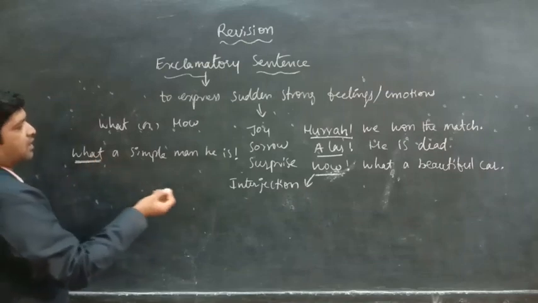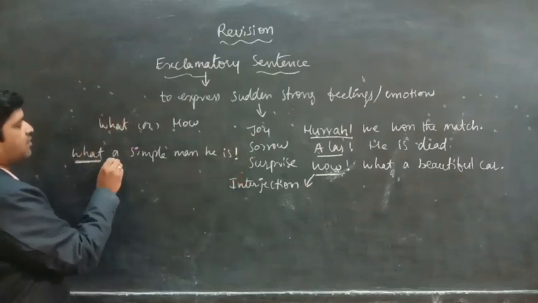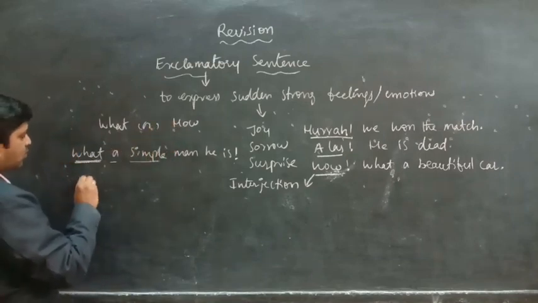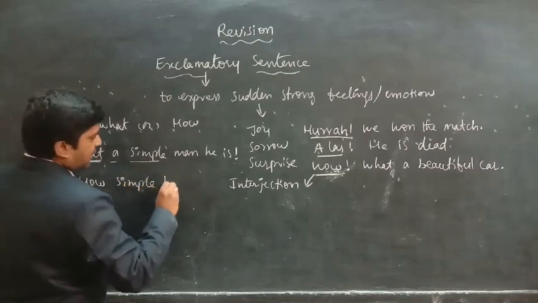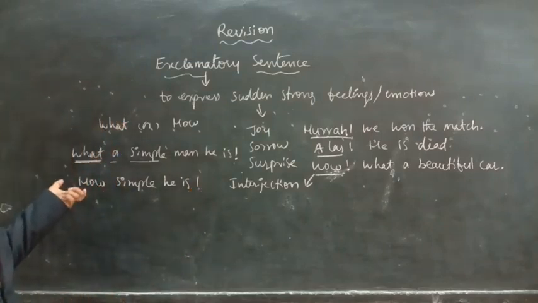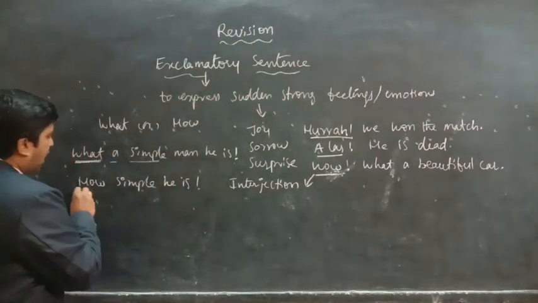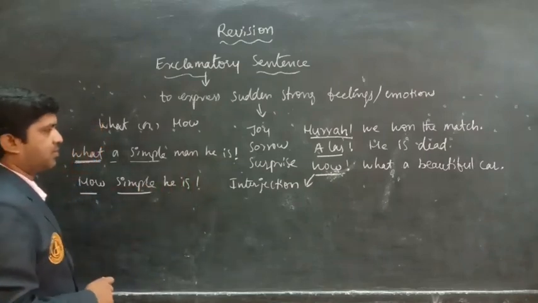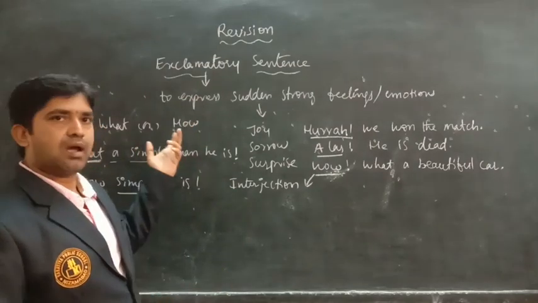It is not creating a question, but an exclamatory sentence. After what we use a, then an adjective. Like what, we also use how: How simple he is. After how we use an adjective, then subject plus verb. In this way we make exclamatory sentences with what or how.